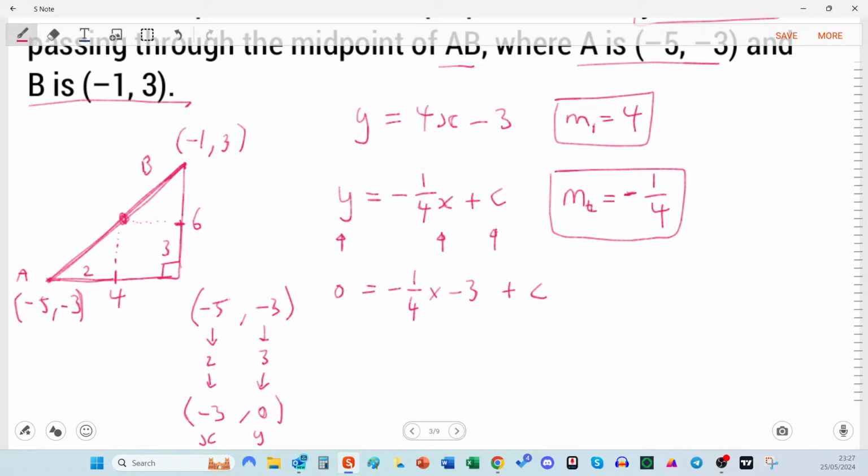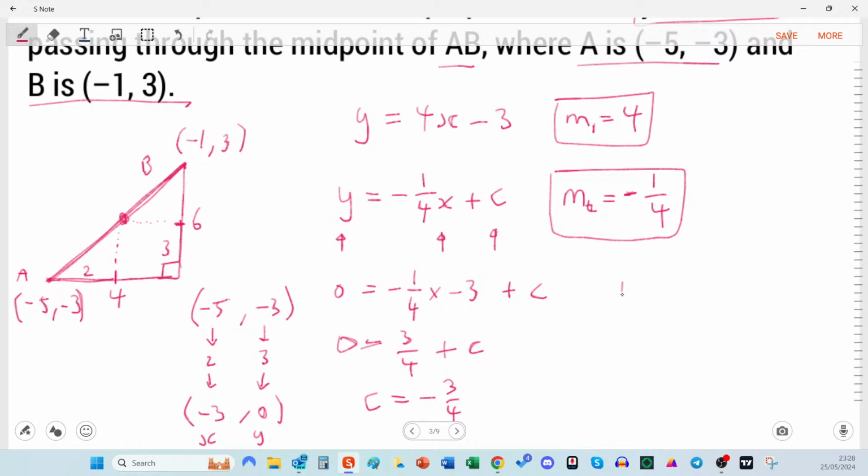So we can do a bit of multiplication here. Negative and negative make a plus. So that's a 3/4 plus c. And we need to take that to the other side. Negative 3/4. Lovely. We found c.